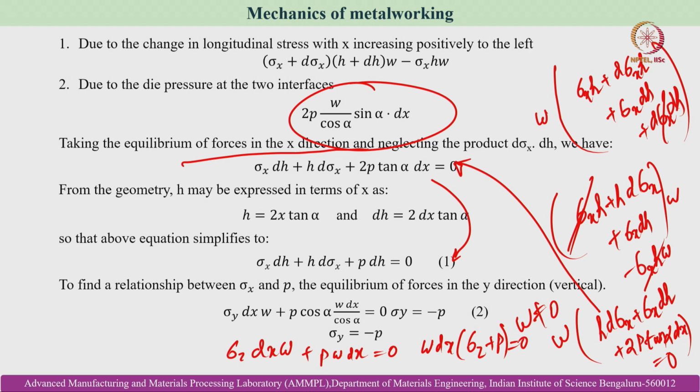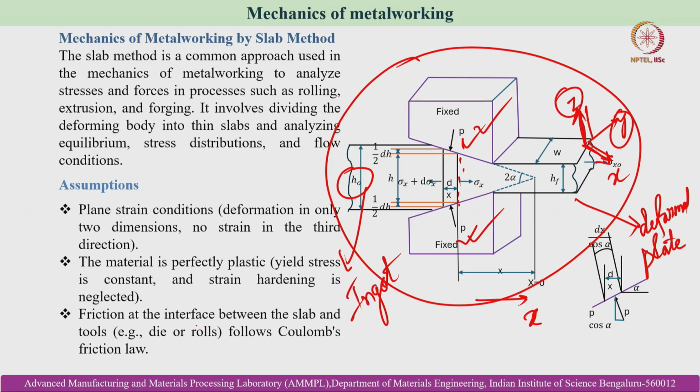Sigma z is the stress in the thickness direction, that is the z direction. Because width cannot be 0, w not equal to 0, so we can write sigma z plus p is equal to 0. That means sigma z is equal to minus p, the stress in the thickness direction, which is compressive in nature. That is also evident, because the die is pressing, applying compressive stress over the deformable workpiece material.